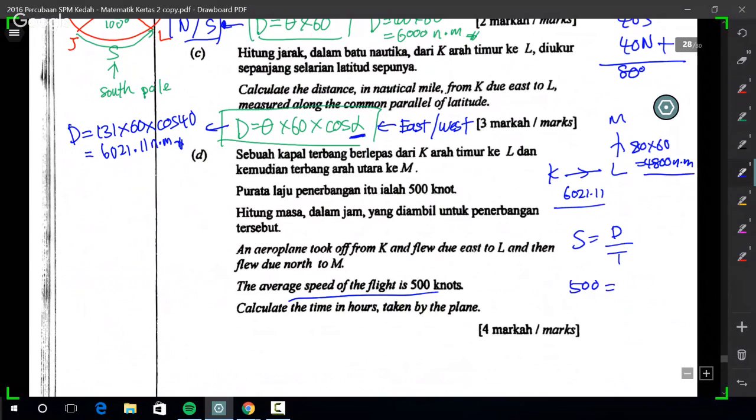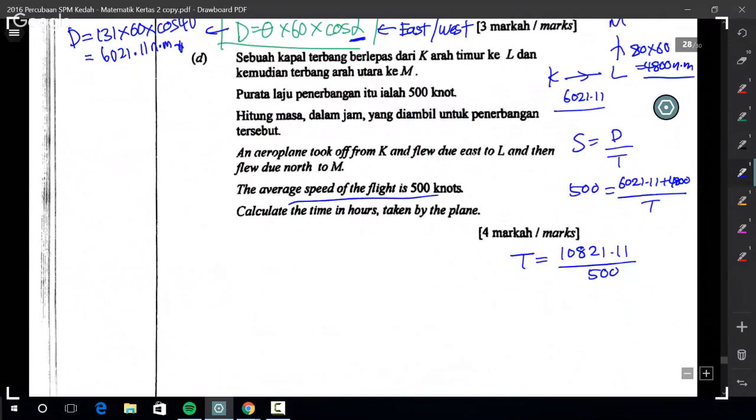Distance means these two joined together, so it's the total distance: 6021.11 plus 4800, divided by 500. 6021.11 plus 4800 gives 10821.11, divided by 500. So it's 21.64 hours. Done.